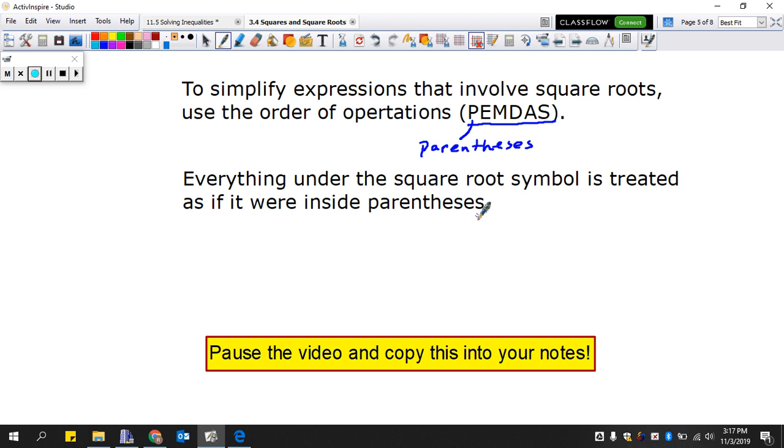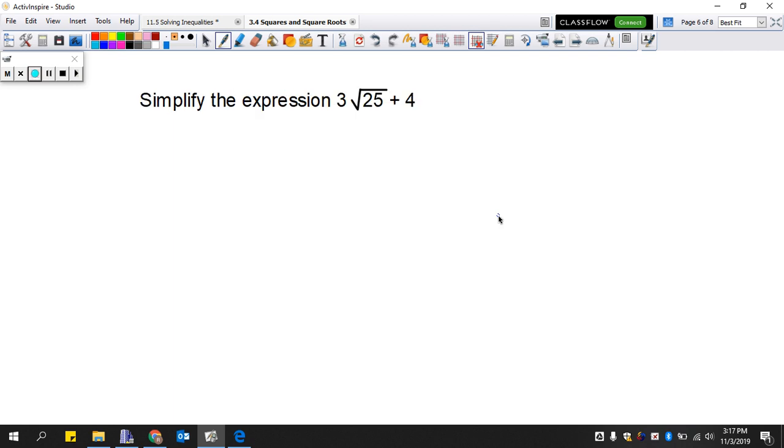All right, so it says to simplify the expression 3 times the square root of 25 plus 4. Well, when we do that, we can see that this is 3 times the square root of 25, which remember is 5. We always use the principal square root unless we are told differently by a negative on the outside.